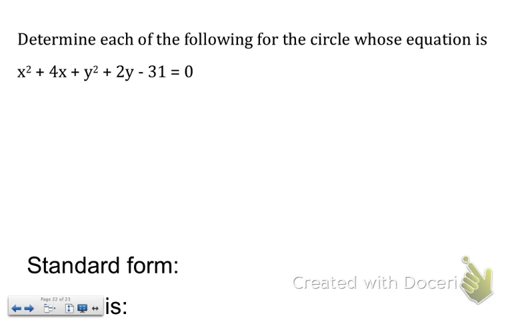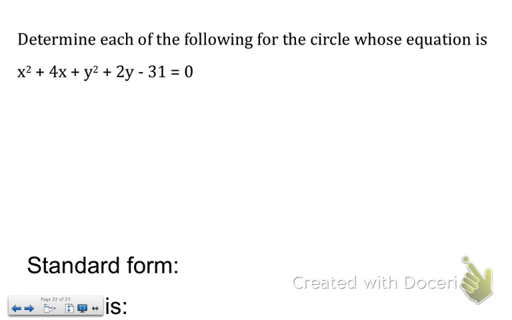Now, as they give it to us, that equation looks nothing like the form we're used to seeing it in. So the very first thing we're going to do is write it in standard form, which is r squared equals quantity x minus h squared plus y minus k squared.